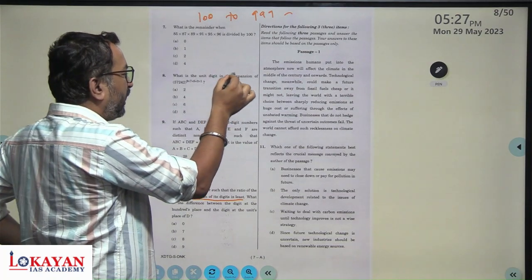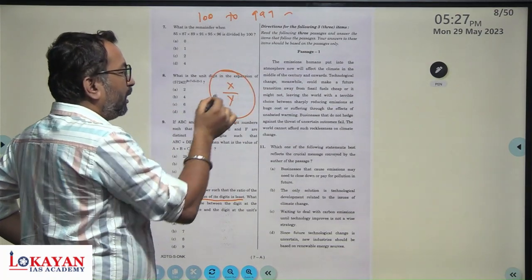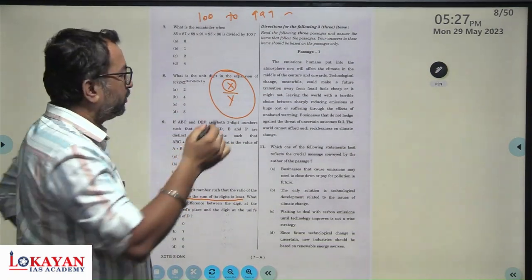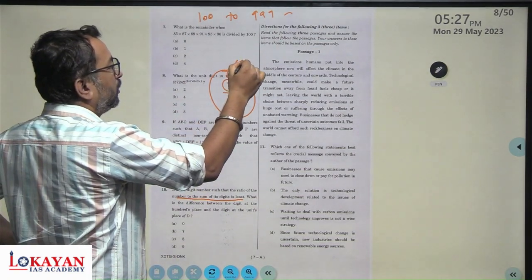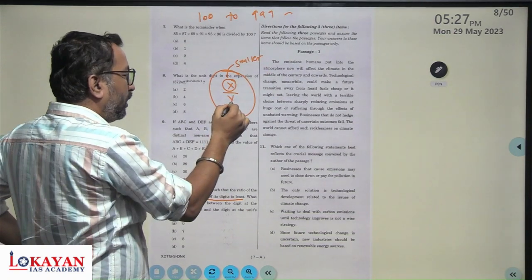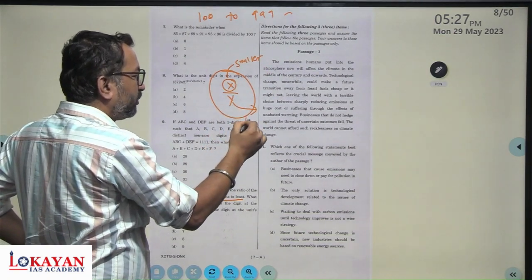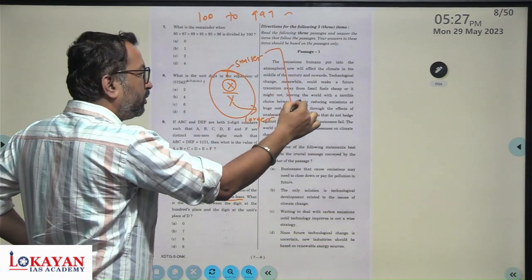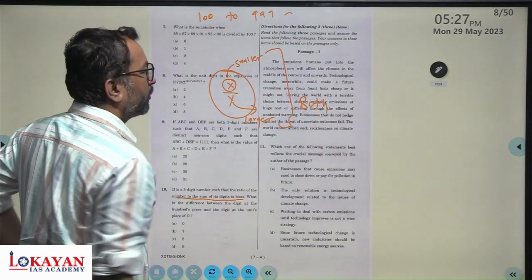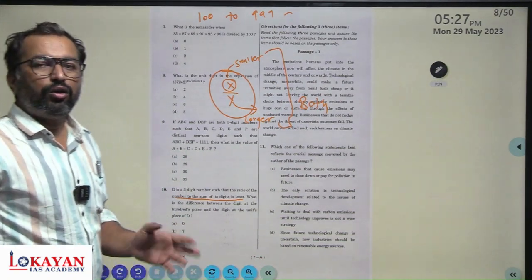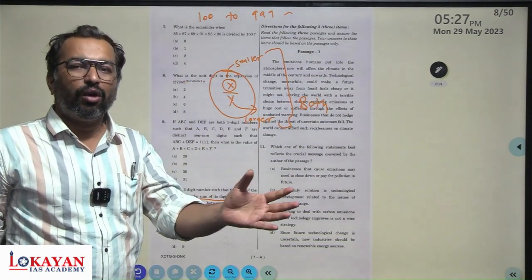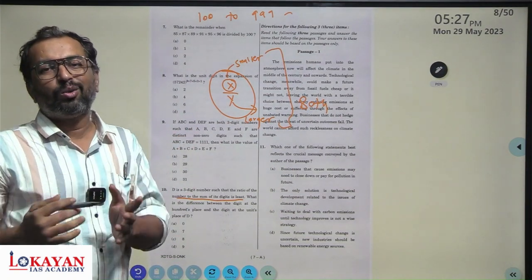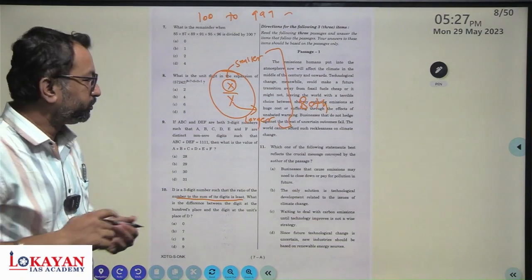To get this ratio least, either the numerator must be smaller or the denominator must be larger, or both. Numerator must be smaller, denominator must be larger, then we will get the ratio as a smaller or least one.